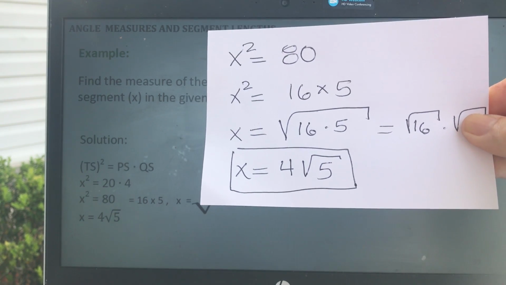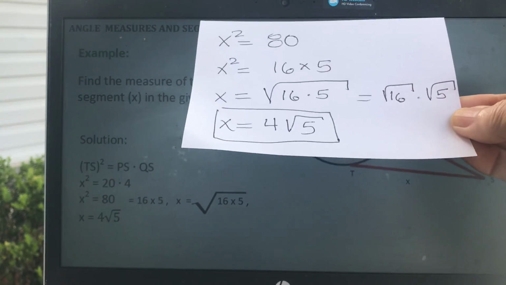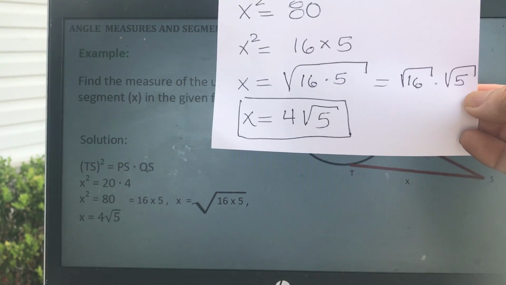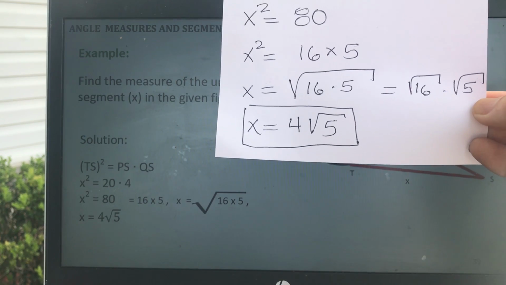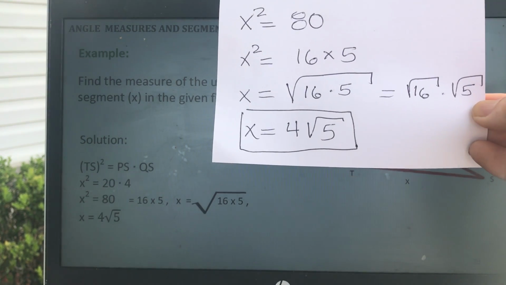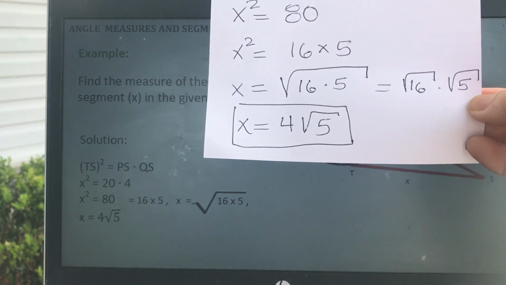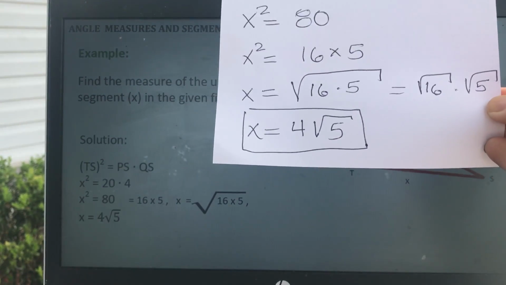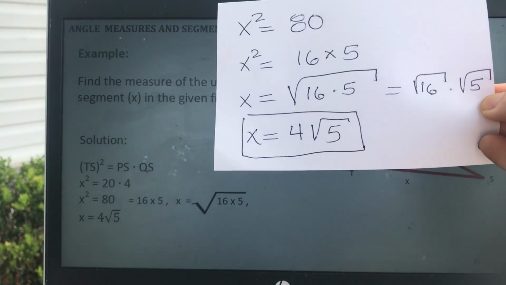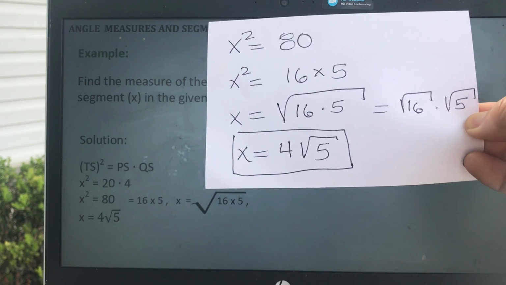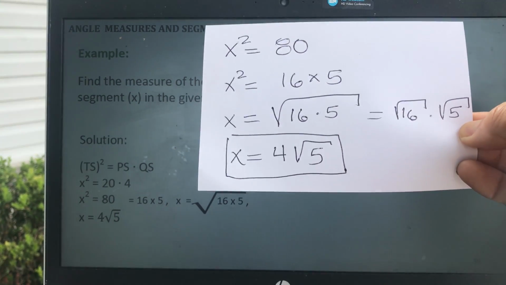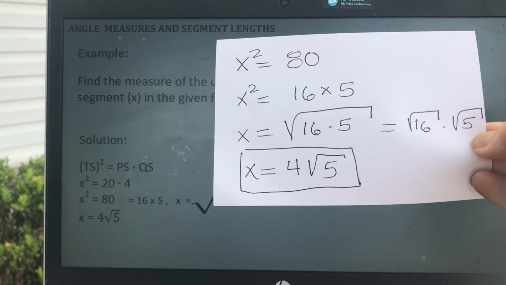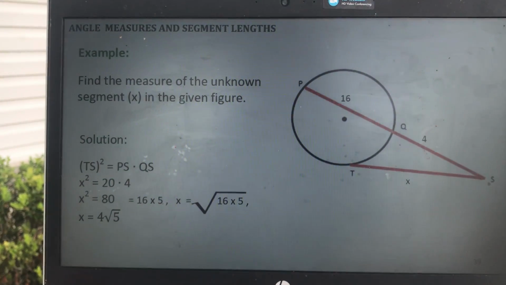The square root of 16 times 5 is going to be equal to the square root of 16 times the square root of 5. But as we all know, the square root of 16 is a perfect square, and it's equal to 4. So then our value for x is going to be equal to 4 times the square root of 5. And we can just leave it right there.